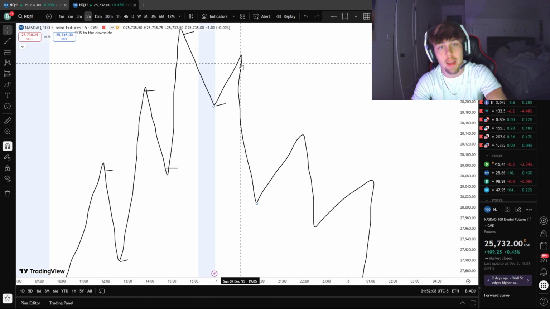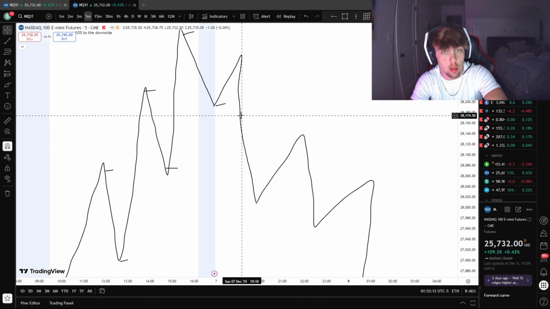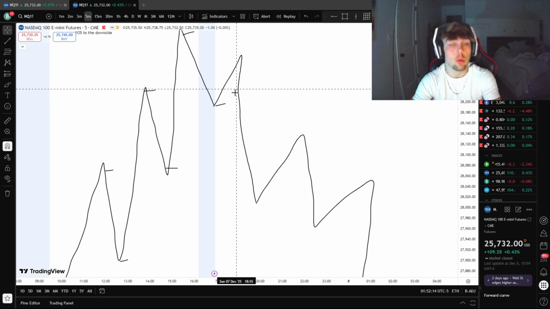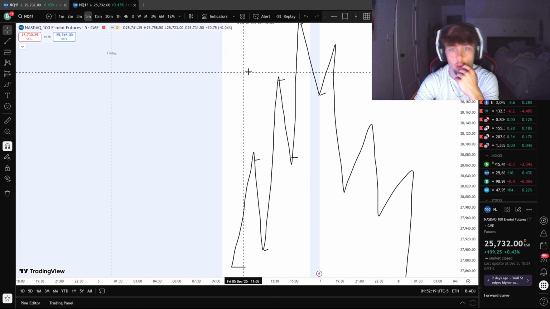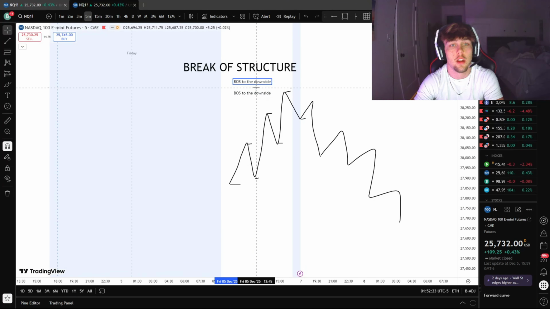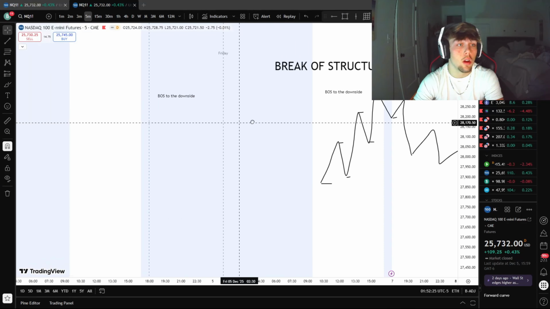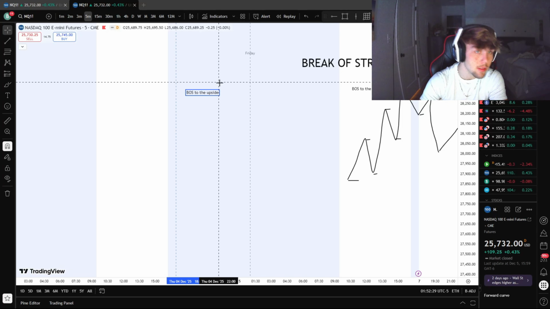You have to have a full candle closure below this low. The candle has to fully close below this low, which it did, and then that's why it shifted into a downtrend.